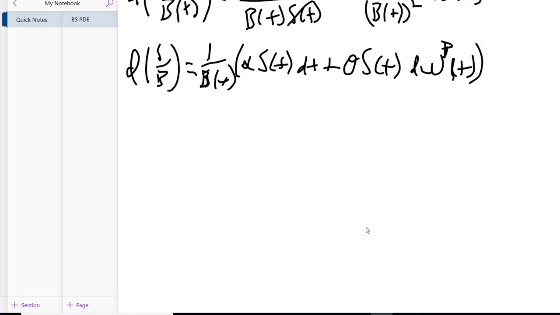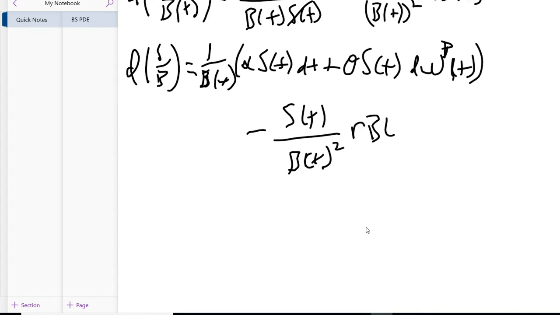And then we're also going to have minus St over bt squared times r bt dt, where we quickly see that this bt drops out and this power of 2 drops out then.